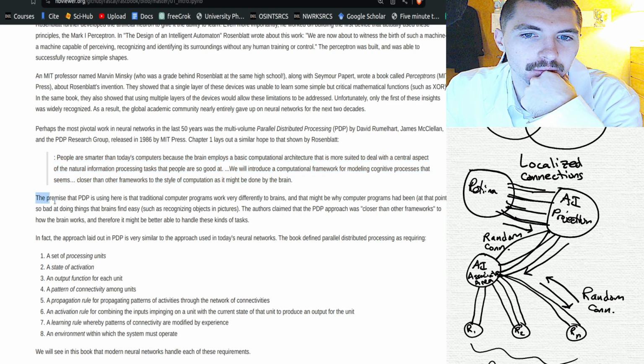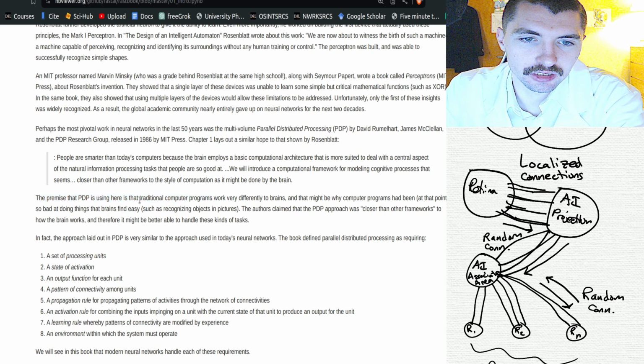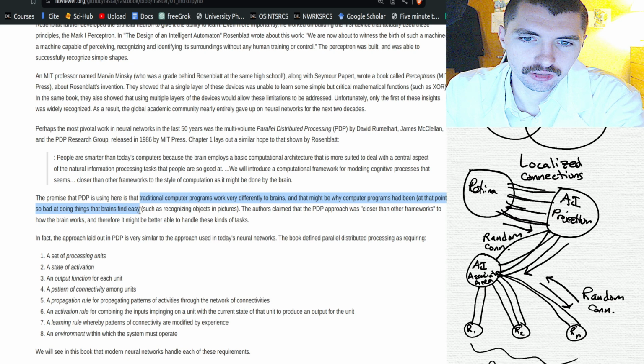The premise of the PDP is that traditional computer programs work very differently to brains. And it's saying because of this difference, that's why those old computers were kind of trivial.